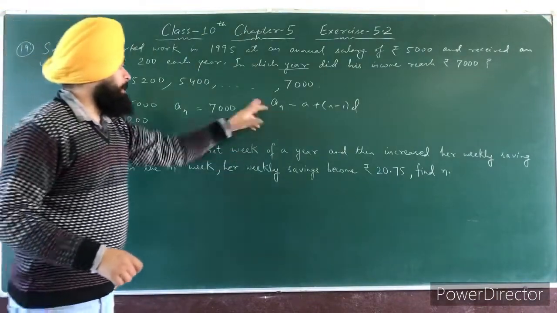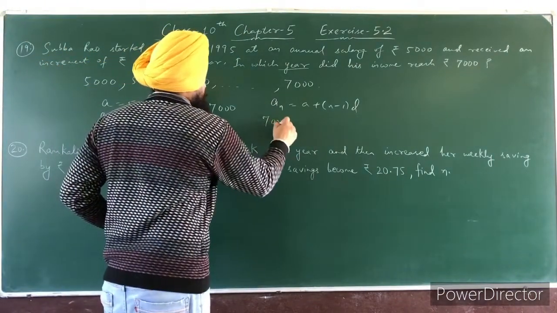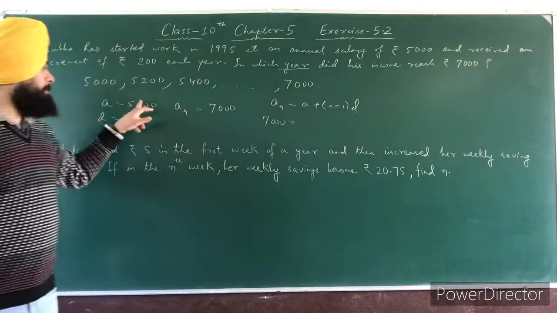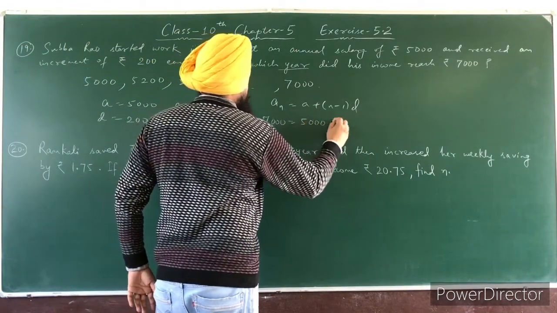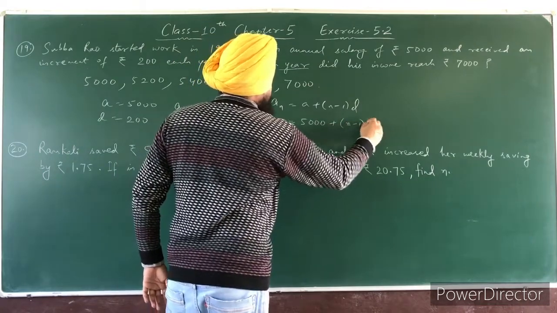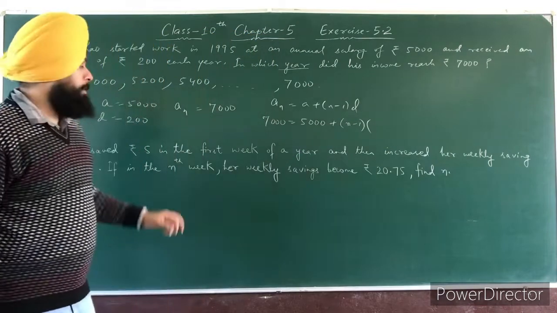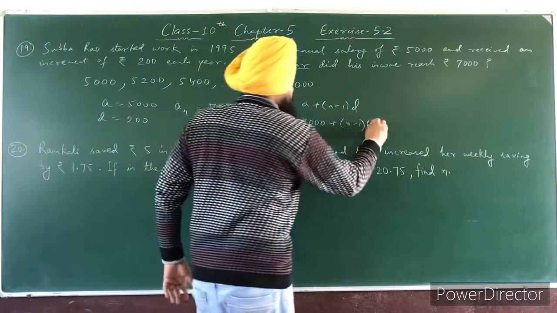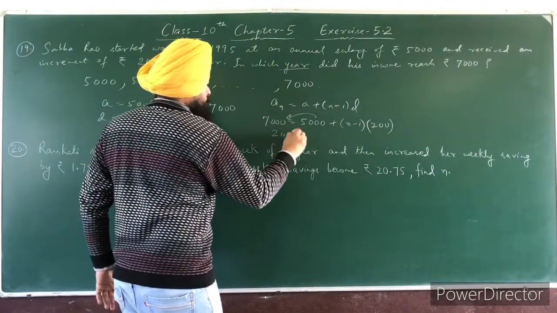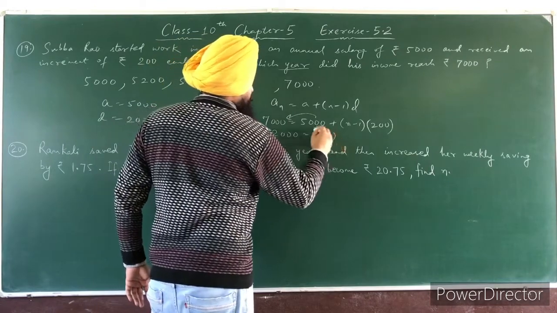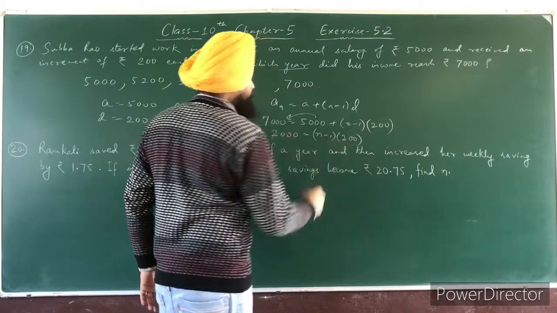Now what is an? an is 7,000. a is the first term, which is 5,000, plus n minus 1 into d. Common difference is rupees 200. So taking 5,000 across, 2,000 is equal to n minus 1 into 200.